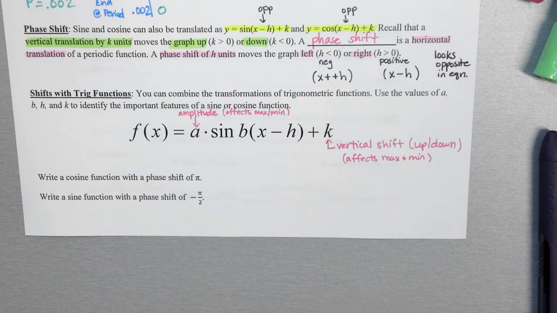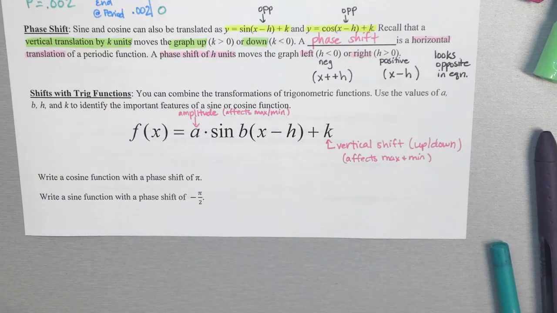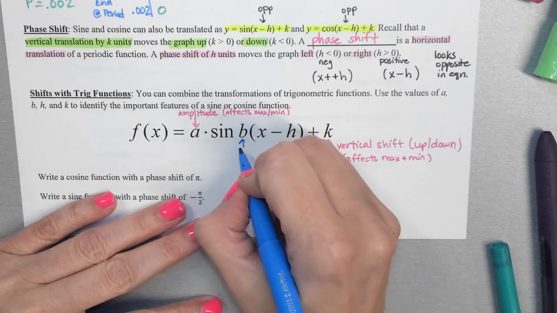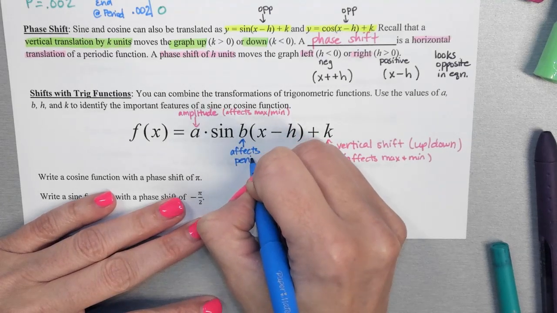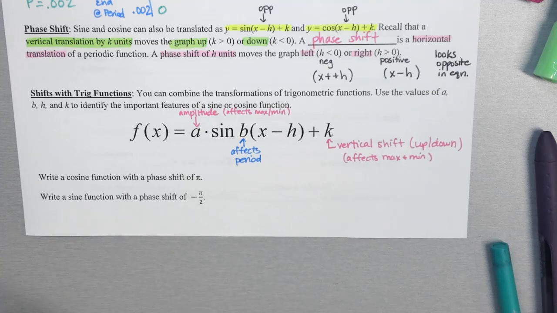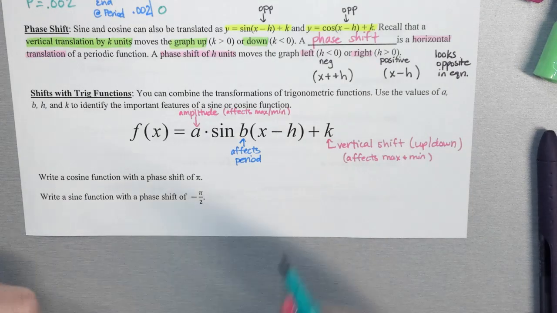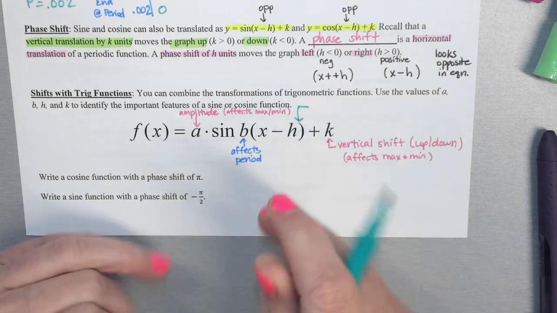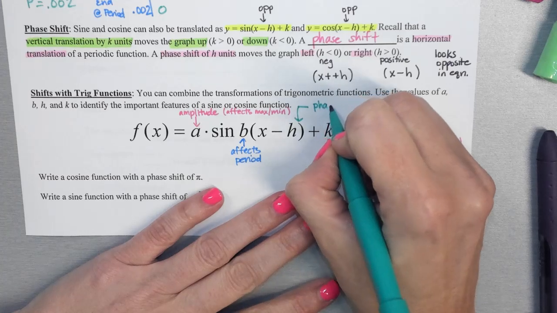Okay, and then your b value, that is going to affect the period. Remember to find the period, we do 2 pi divided by b. Okay, and then this is also going to affect your period just in a different way.